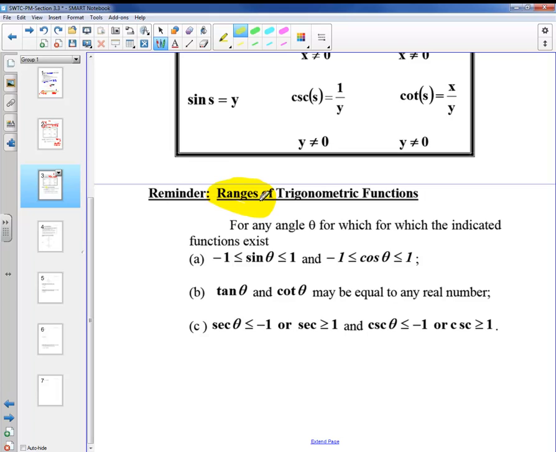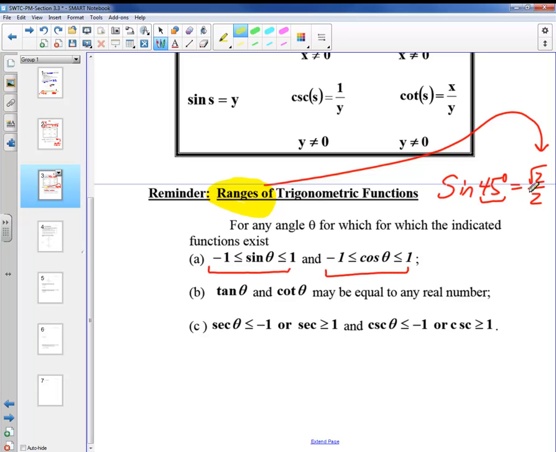So if you're looking at, say, sine of 45 degrees is equal to the square root of 2 over 2. This is what we're calling the range value. The angle itself is actually your domain. So remember that the range values that you can have for sine are between -1 and 1, and for cosine are between -1 and 1.